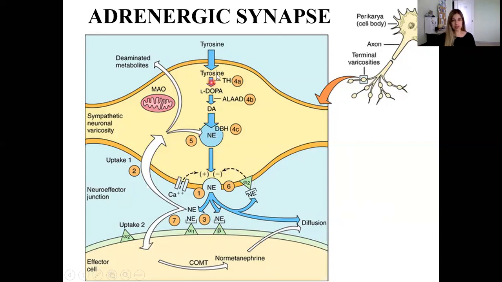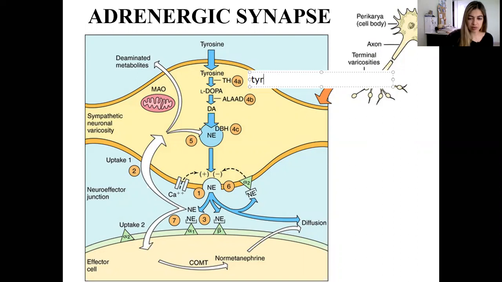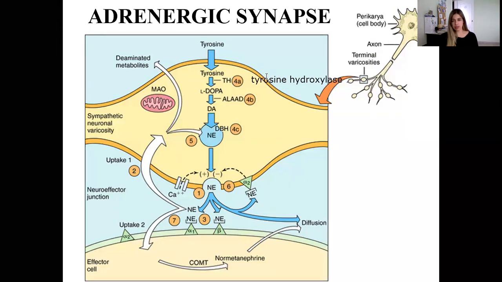Firstly, norepinephrine is synthesized from the amino acid called tyrosine, which is affected by the special enzyme tyrosine hydroxylase, which converts tyrosine into L-DOPA, and then it will be converted into dopamine, which after that will be converted into norepinephrine.